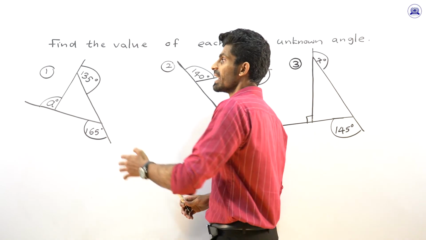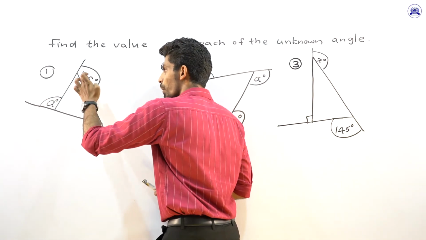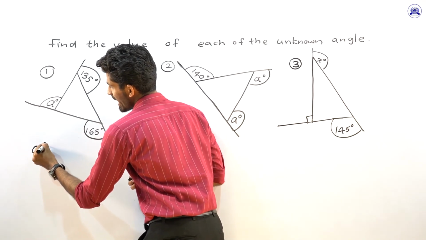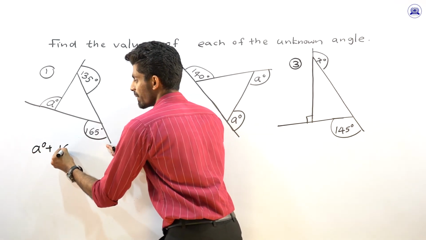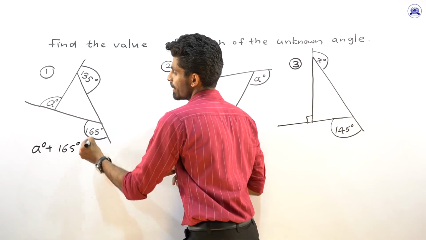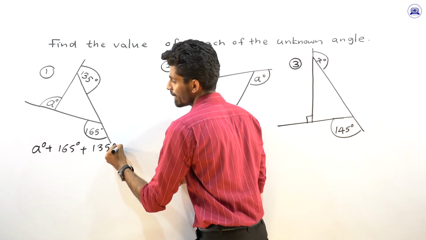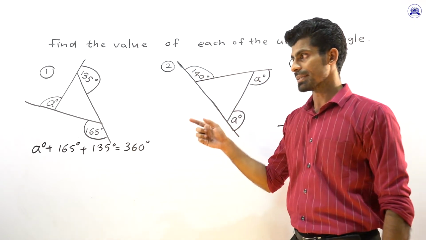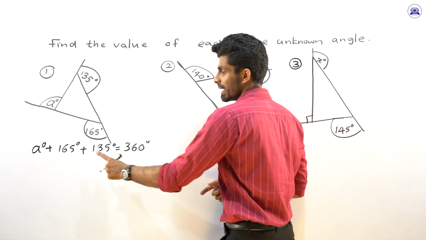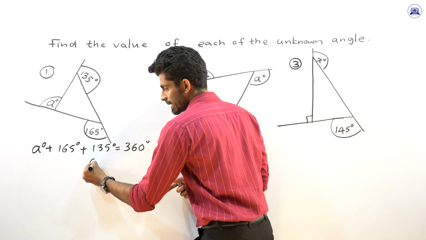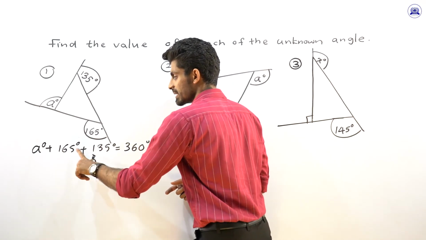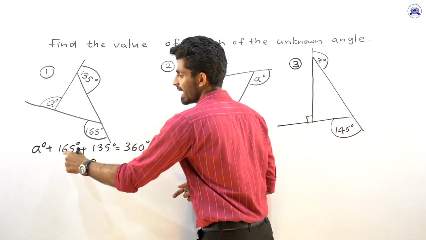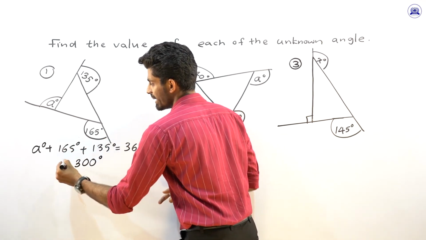Look at this one. All the angles here are exterior angles, so that means A plus 165 plus 135 equals 360 degrees. You can easily find out the answer. 165 plus 135 is 300.